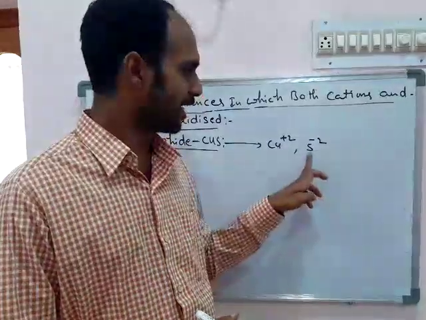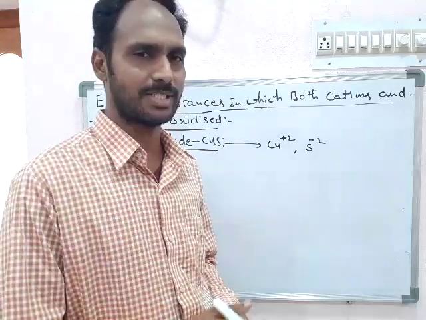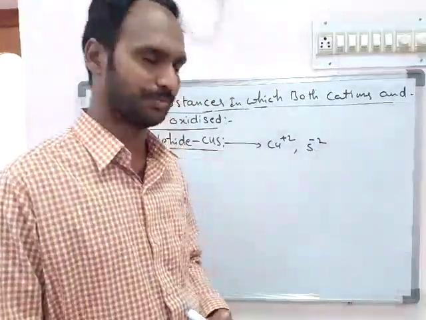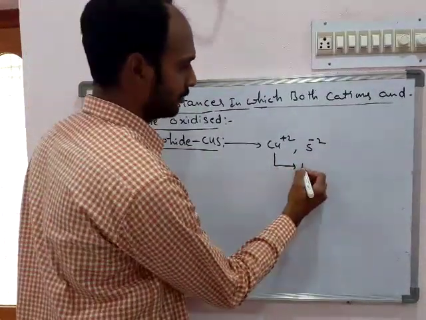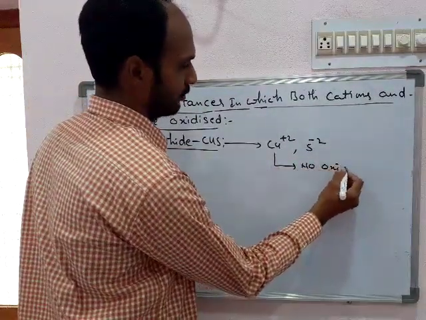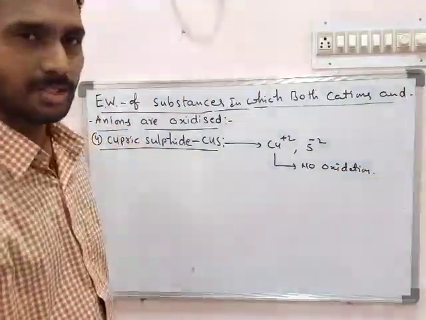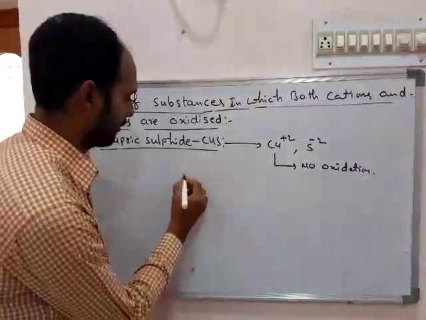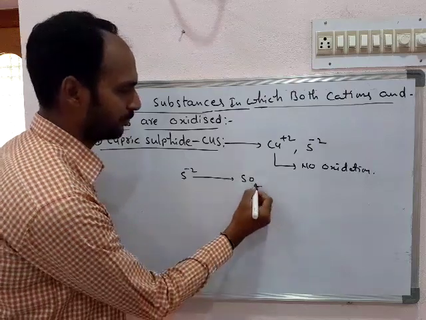Here only oxidation takes place for S minus 2. We discussed earlier that sulfide is oxidized to SO2. Means here for the cupric ion there is no oxidation. The oxidation takes place only for the sulfide. S minus 2 changes to SO2.